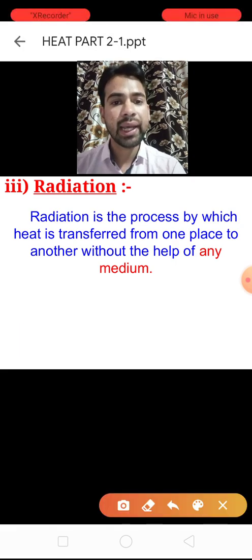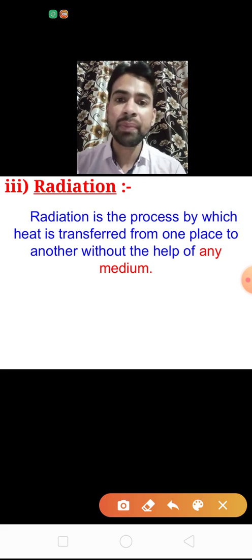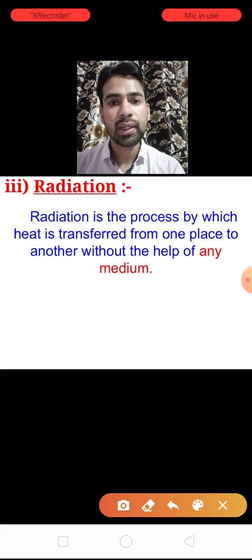Now the third part of transfer of heat is radiation. First conduction, second convection, third is radiation. Radiation is also a method in which heat is transferred from the hotter region to the colder region without the help of any medium. Means it doesn't need any medium to transfer the heat.